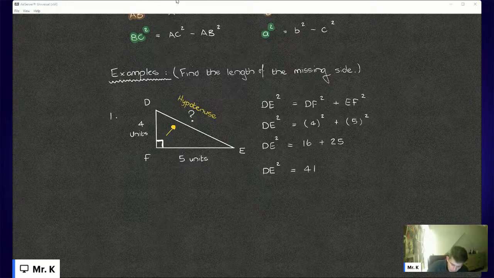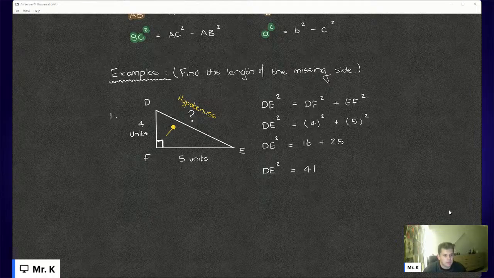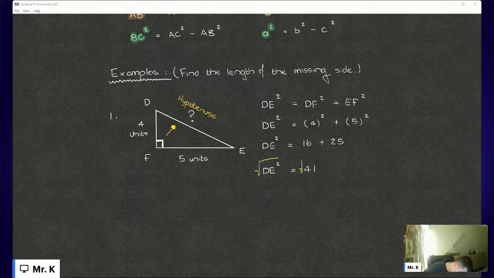Now, we do not want DE squared. We just want the length of DE on its own. So, in order to get rid of the square symbol, we're going to use the inverse, which is to square root both sides of the equation.